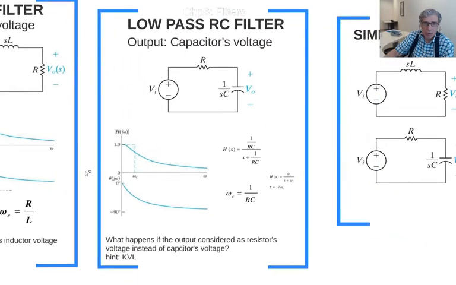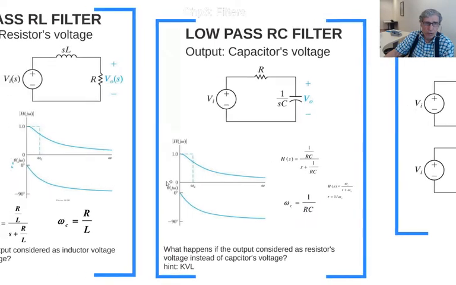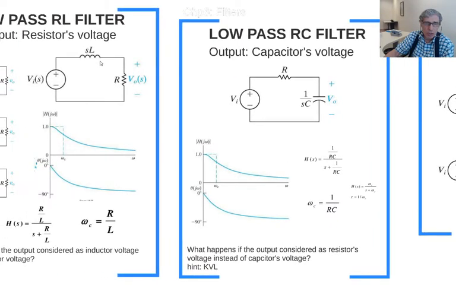Second group is similar. This is the series RL circuit, and the output is taken from the resistor. Here there is an RC circuit, and the output is taken from the capacitor. If you take it from the capacitor, that's going to be our transfer function, and the related cutoff frequency is this.